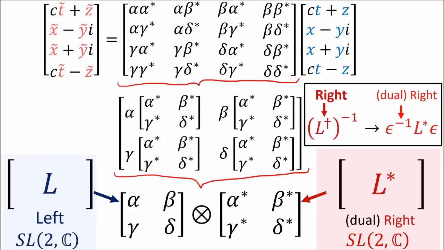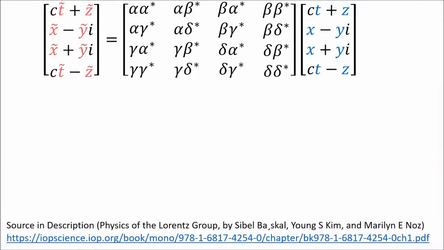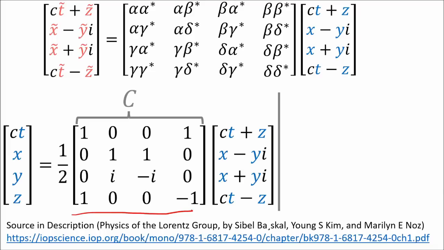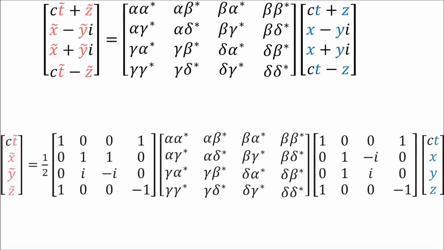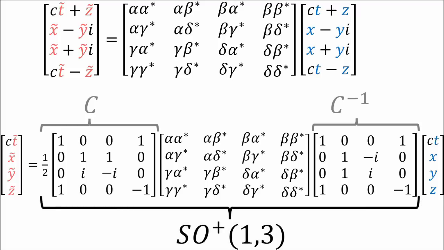Now, this 4D spacetime vector has all the components mixed together, but we can separate them using this change of coordinates matrix C. We can then take our 4x4 matrix and change coordinates using C and C inverse on either side to get a Lorentz matrix which transforms familiar 4D spacetime vectors.